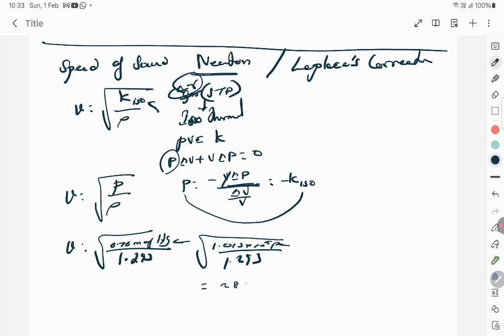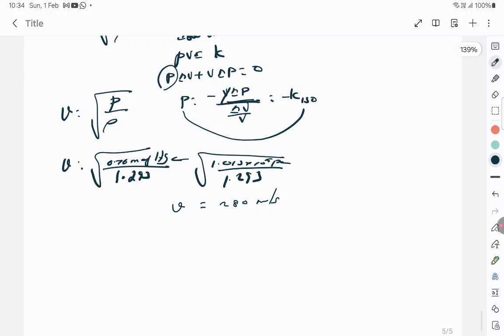You calculate, you get 280 meter per second to be the velocity of sound in gas, or air.